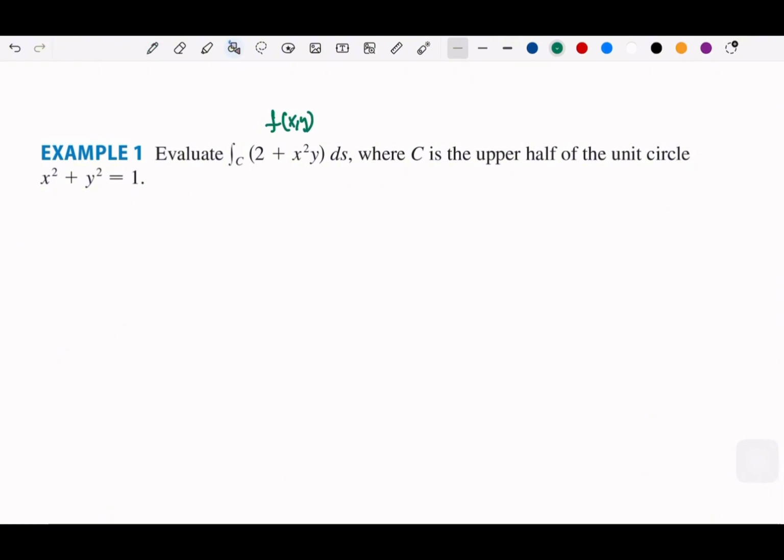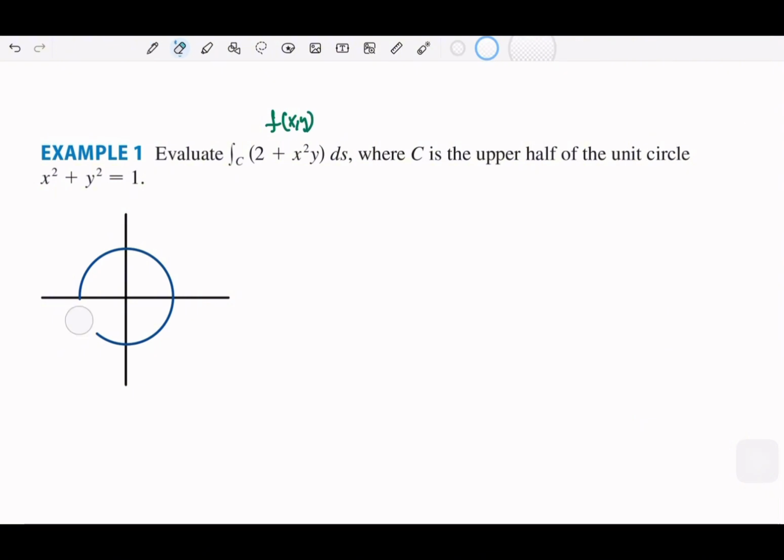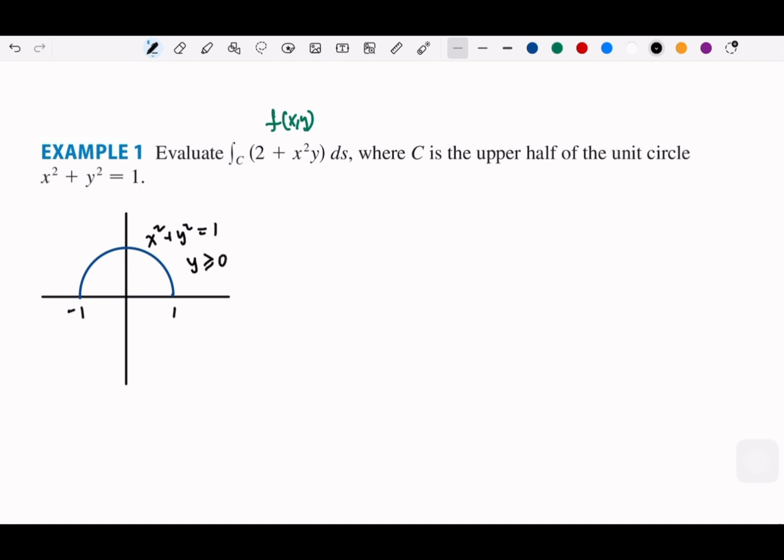Since this is the upper half, I will erase the other half. So this is where y will be positive, because it is on the upper part.